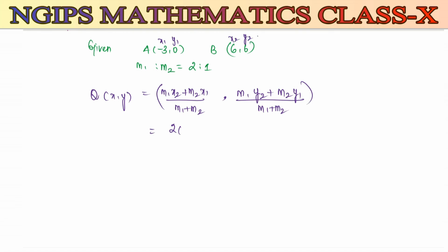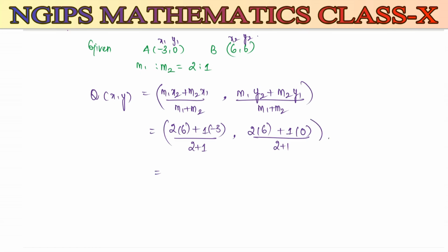So x2 value is 6, plus m2 value we have 1, x1 value is minus 3, divided by 2 plus 1, comma m1 value we have 2, y2 value is 6, plus m2 value is 1, y1 value is 0, divided by 2 plus 1.